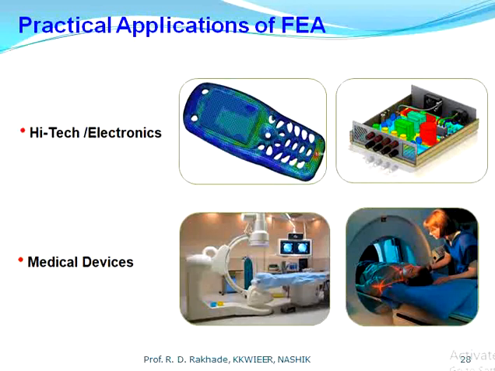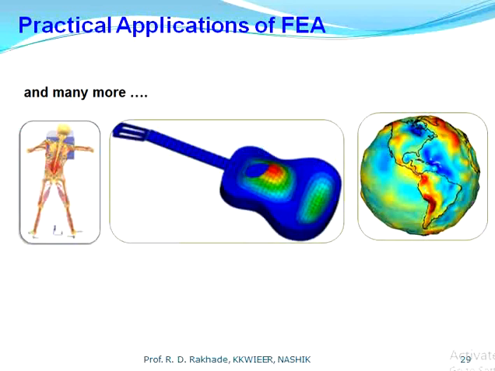Then high-tech electronics, to design mobile bodies or ICs, integrated circuits. Then medical devices and maybe biological instruments or biological studies, and we can apply it to entire things in the world.